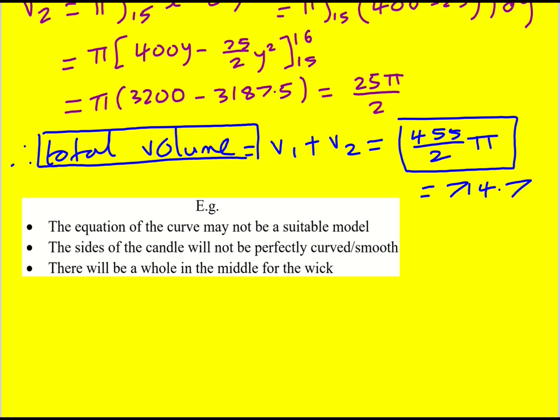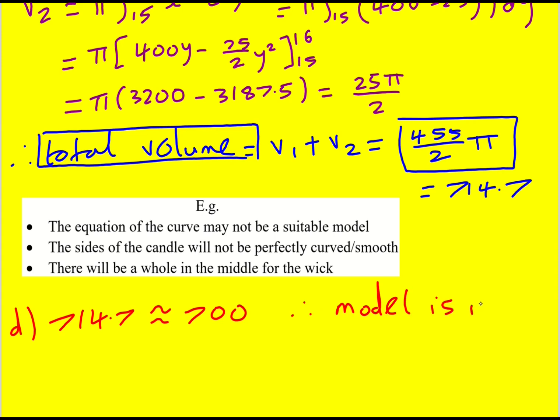So this is part D. 714.7 is approximately 700, or they're close together, and therefore the model is reliable.